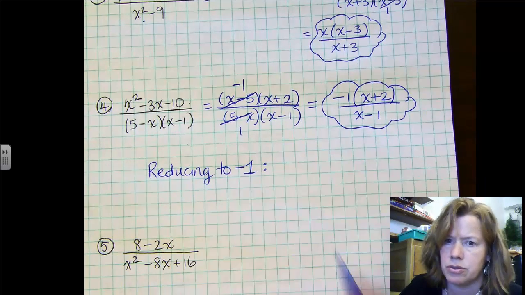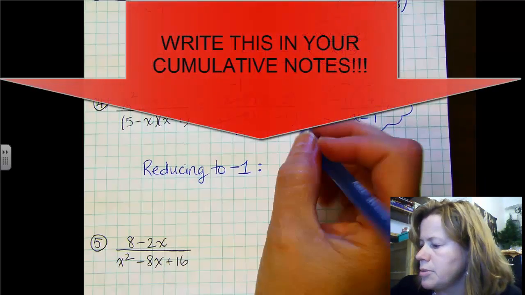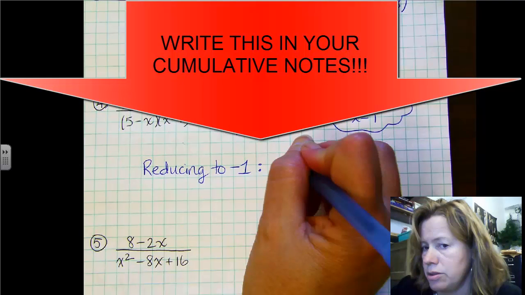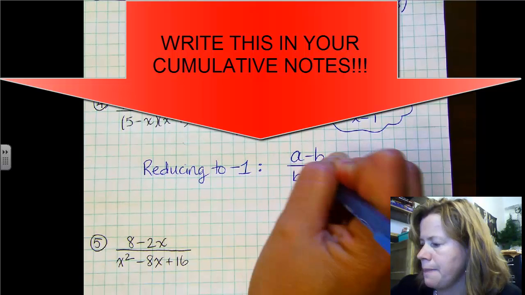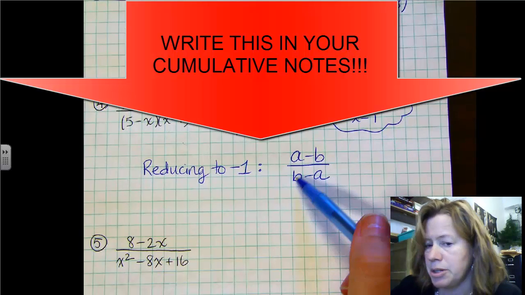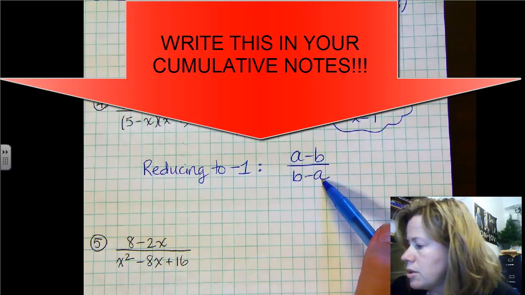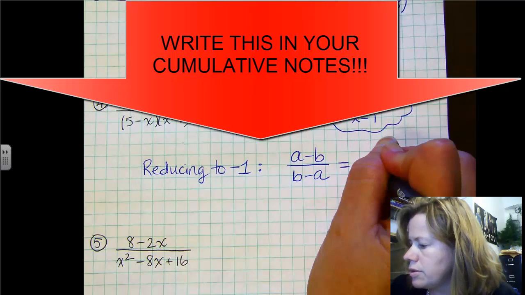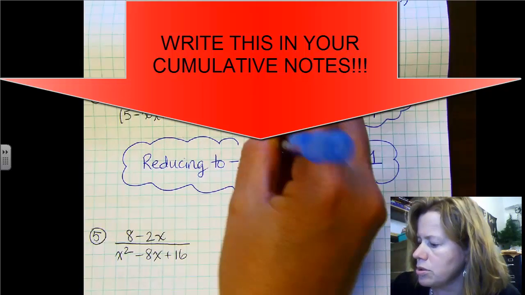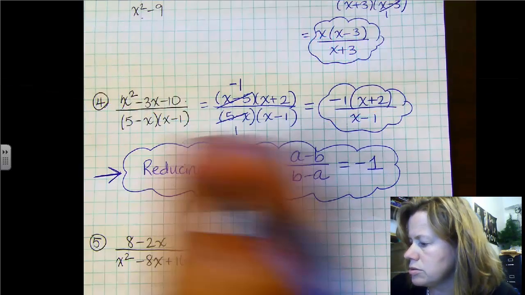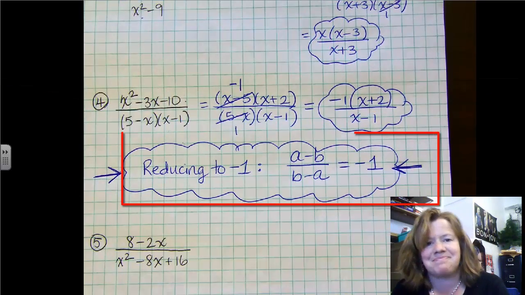Okay, so the big rule there for reducing to -1, you want to get this in notes for sure, is anytime I have two binomials of the form a minus b over b minus a, signs are opposite top to bottom for both terms, that equals -1 every single time. That's a really big rule that you want to learn as soon as possible.